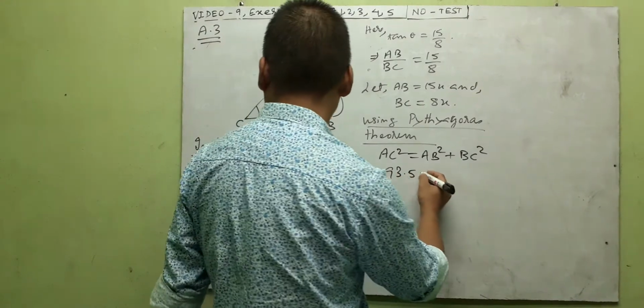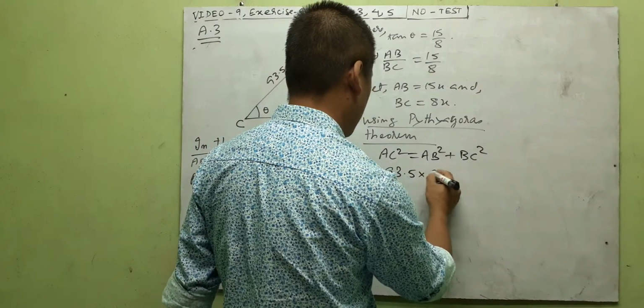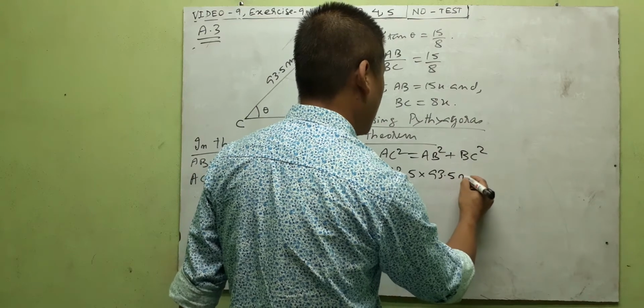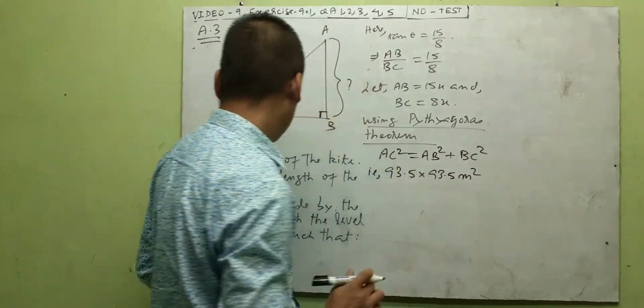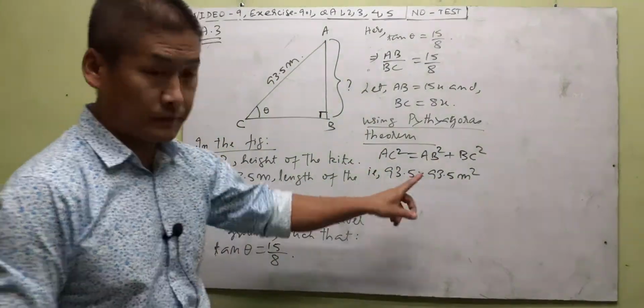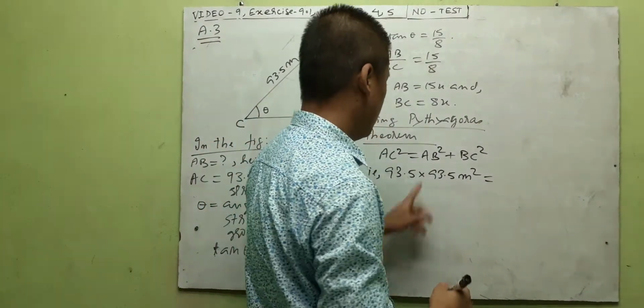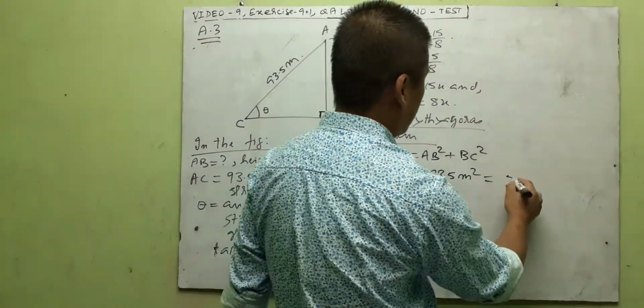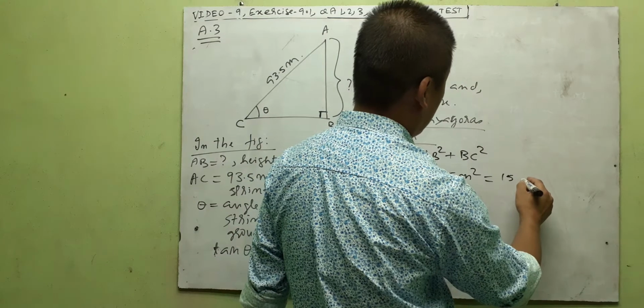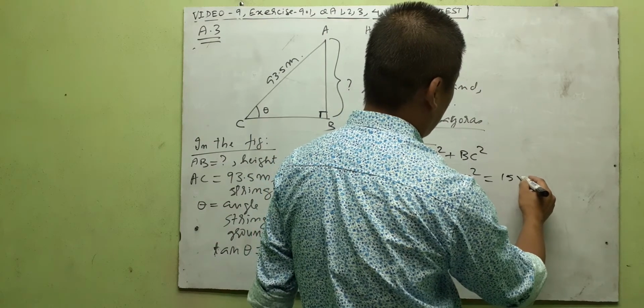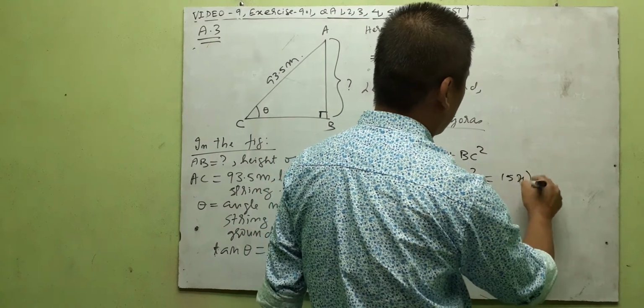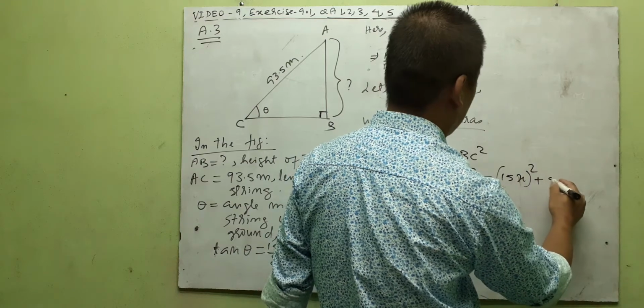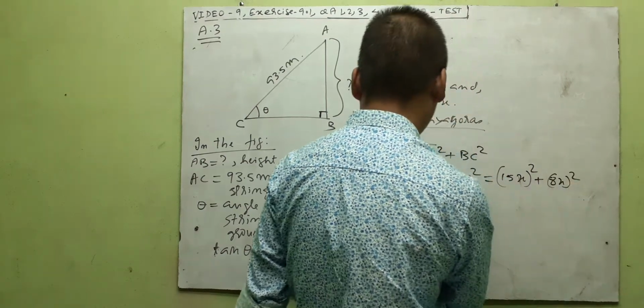So we can write here AC already as 93.5 into 93.5 meter square, meter into meter, because it is square, is equal to here AB, 15x whole square plus 8x whole square. That will make it easier for you, I think.